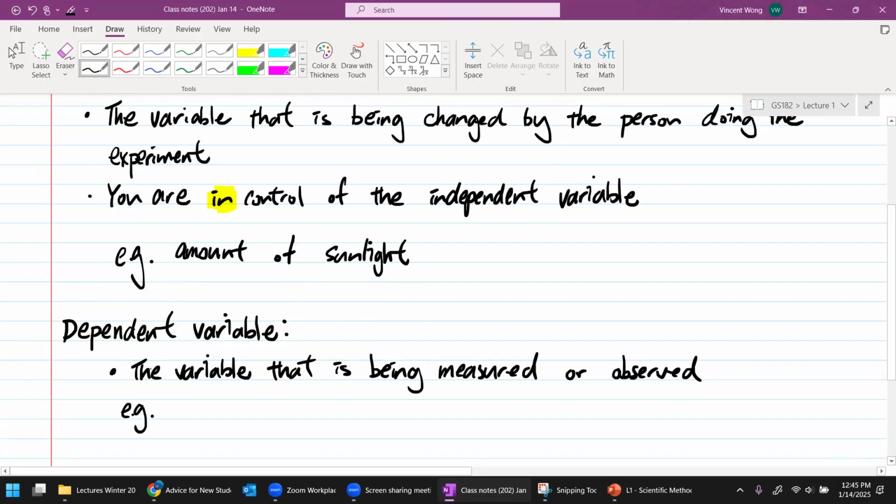So for example, in our plant experiment, that would be the height of the plant. How tall is it?